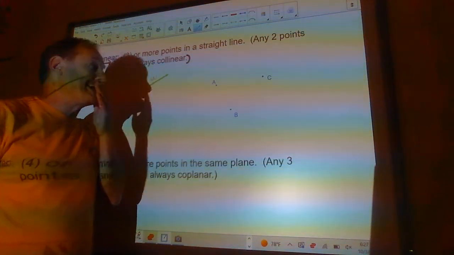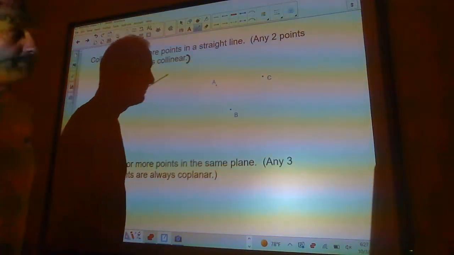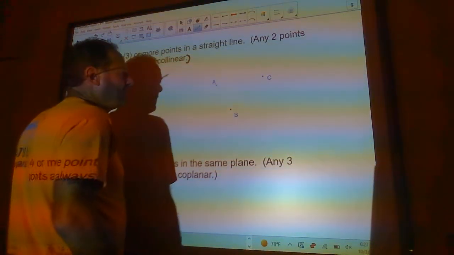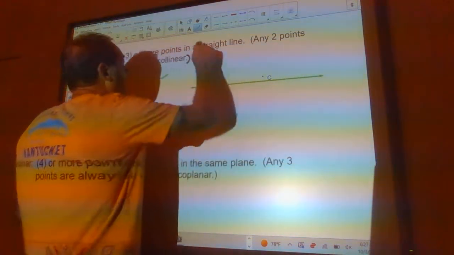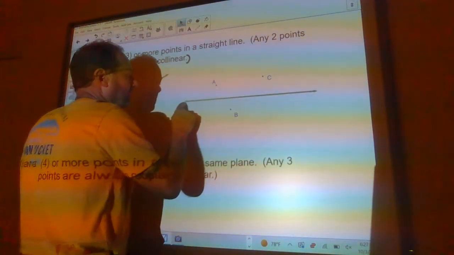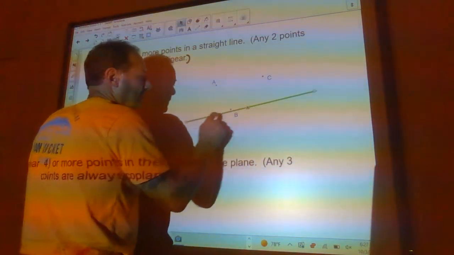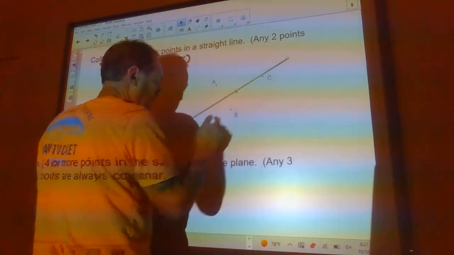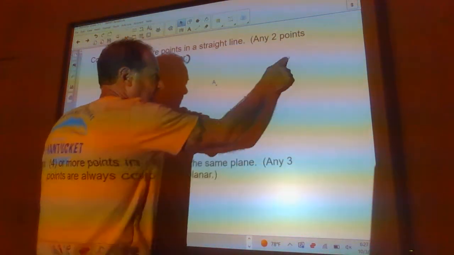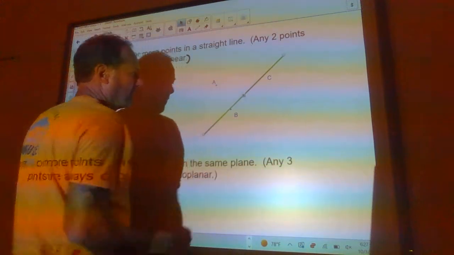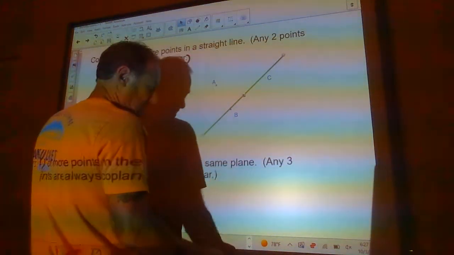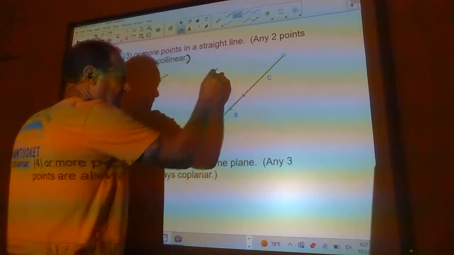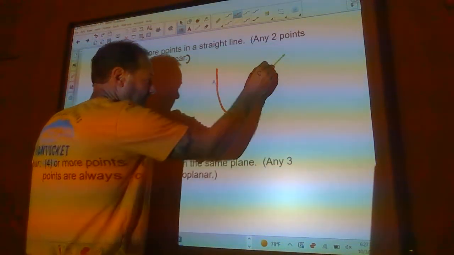Now, if I look at points A, B, and C, they are not collinear because there is no way to make a line that goes through them. I can make it go through 2 of them if I want, but I can't make it go through all 3 of them, because in order to do that, I would have to make something that curves.